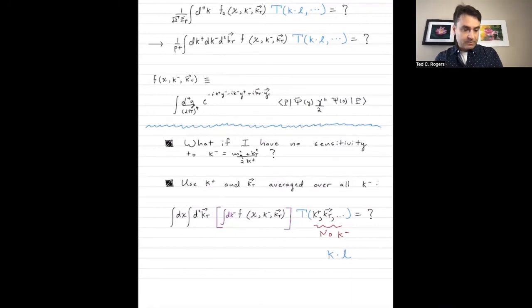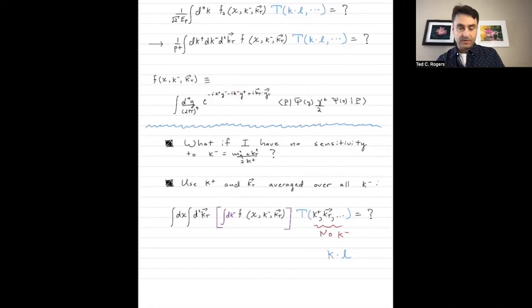Okay. Well, what this means is that I can just look at this object as its own parton density. I just take f from up here, integrate it over all k minus. So what happens when I integrate over k minus? It just acts on this part where there's a k minus.